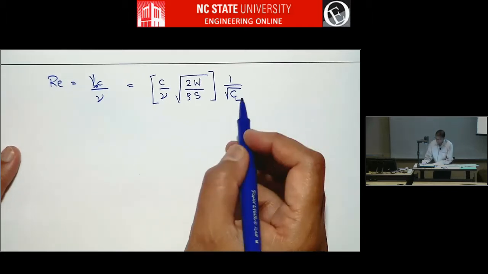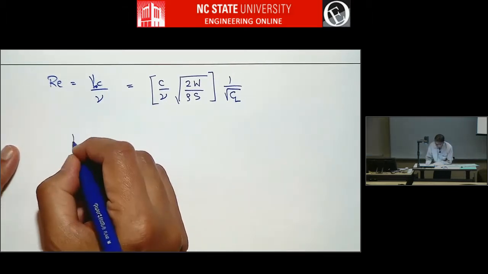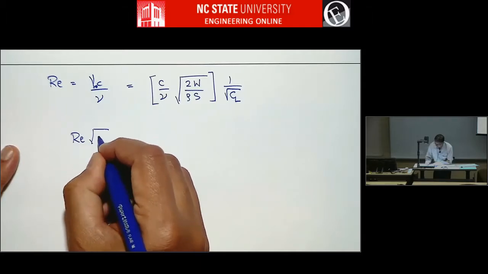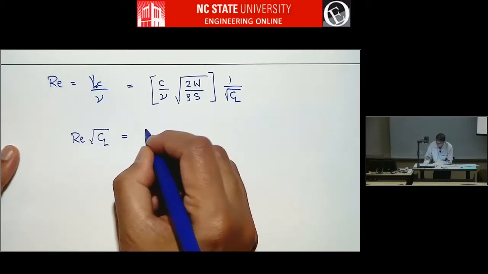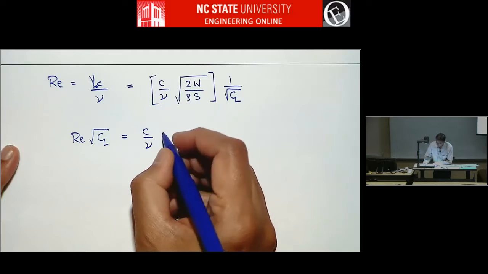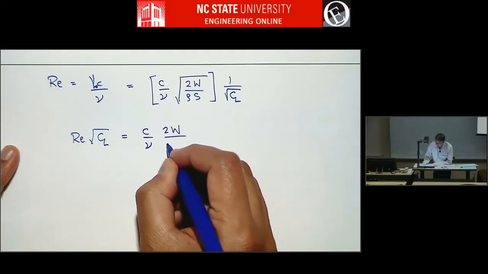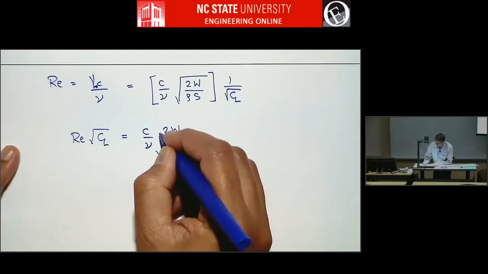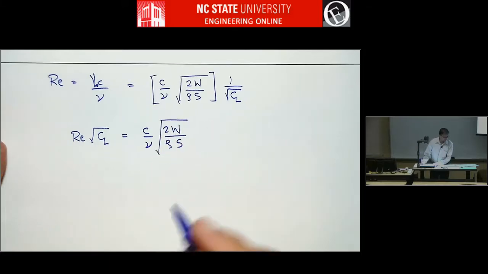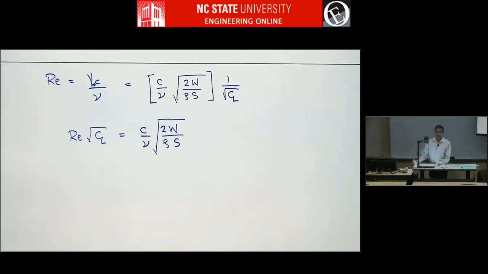And now you can write the expression Re times square root of CL is C over nu times square root of 2W over rho S, and for a given aircraft flying at a constant weight, this is a constant.